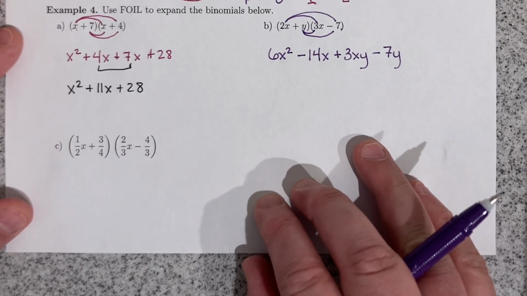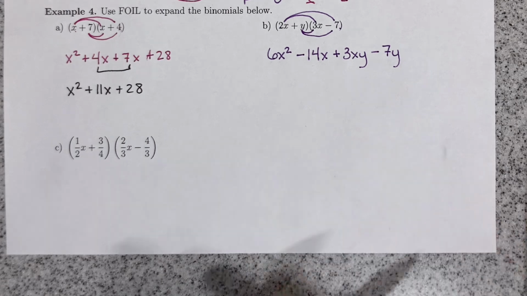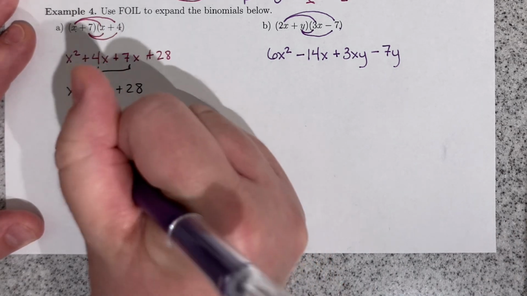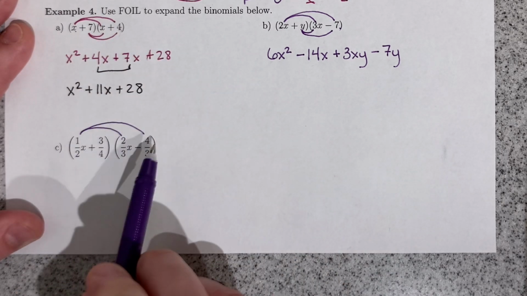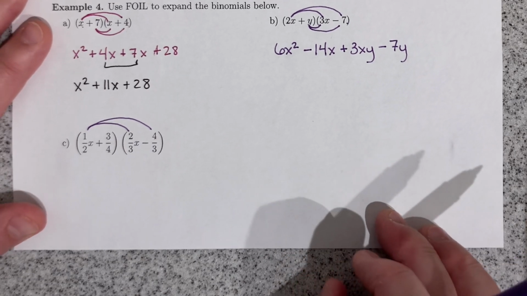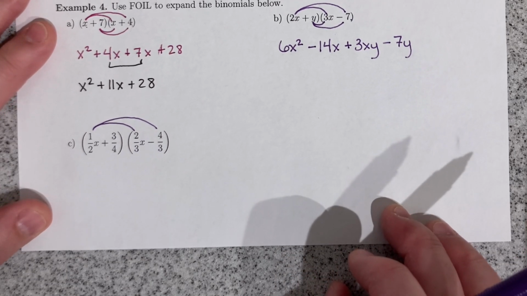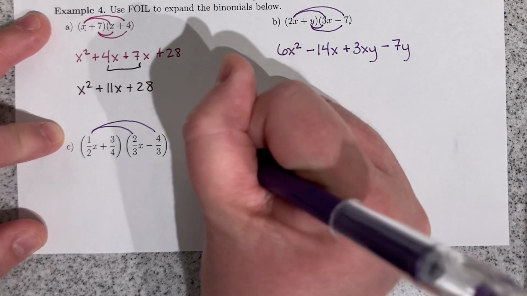All right, let's try one with fractions because we want to keep practicing with fractions so that we don't feel overwhelmed when we see them. But the steps are the same. I'm multiplying the first, outside, inside, last. Now, some of you may have learned FOIL in ALEKS, maybe last term. They actually write FOIL.